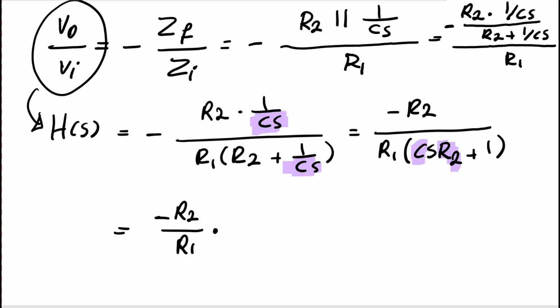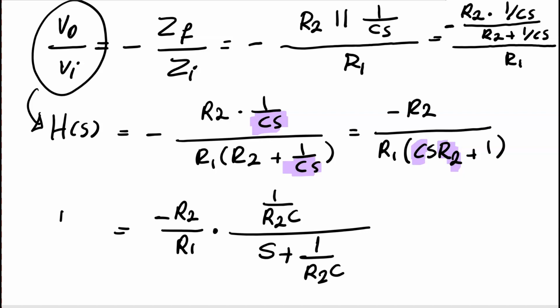And then by dividing both numerator, which is now 1, and denominator, which is 1 plus R2CS, by the coefficient of S, I'm going to have 1 over R2C in the numerator, and in the denominator, R2C will cancel out the coefficient of S. So I'm going to have S plus 1 over R2C.